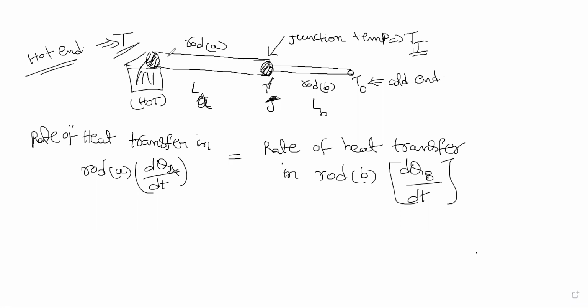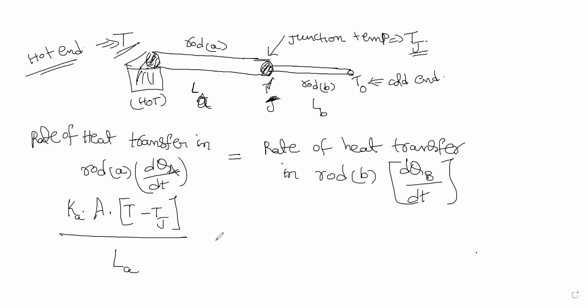The rate of heat transport for rod A is given by KA, the thermal conductivity of rod A, into the area of cross section A, into the temperature difference T minus Tj, divided by LA.